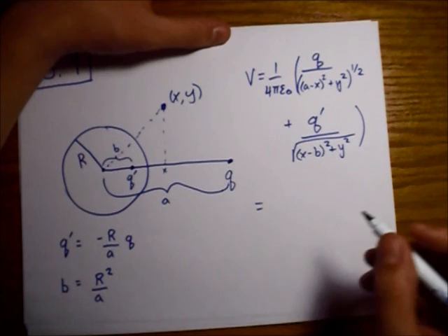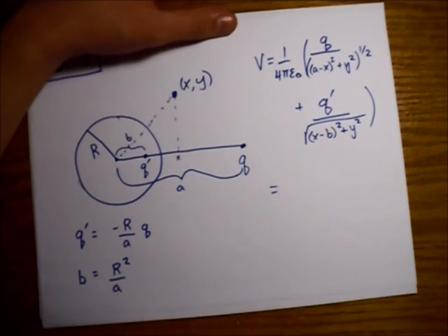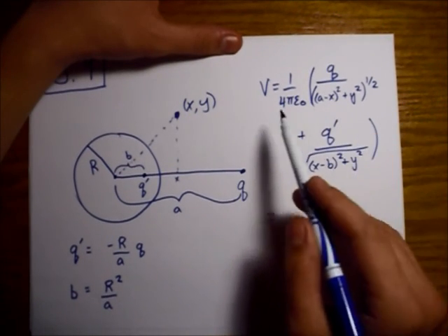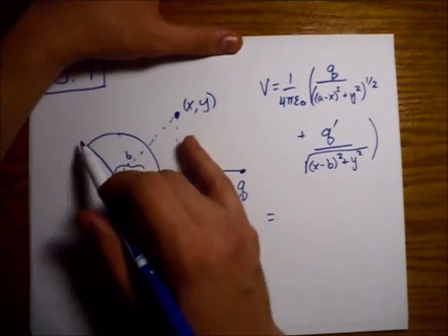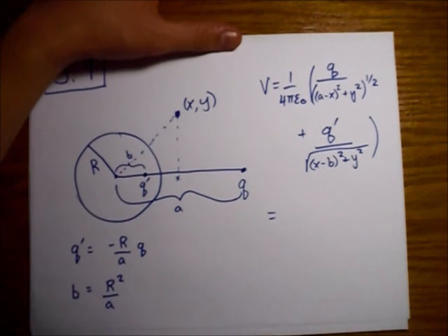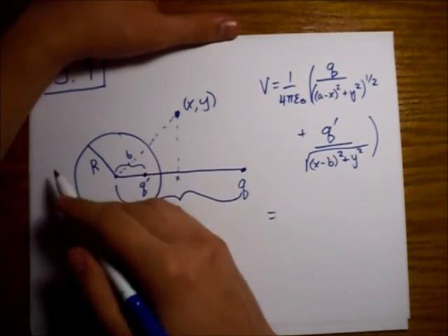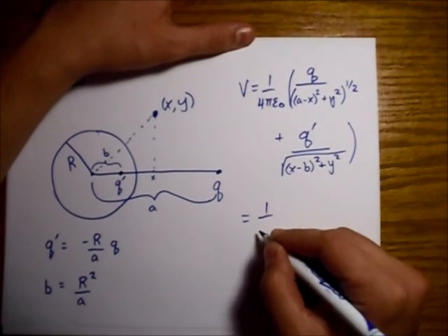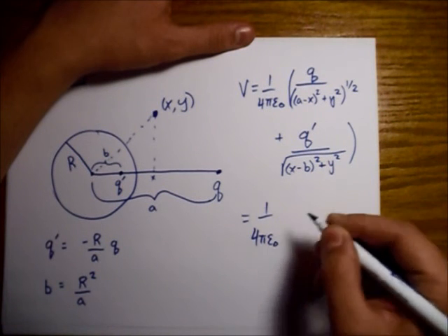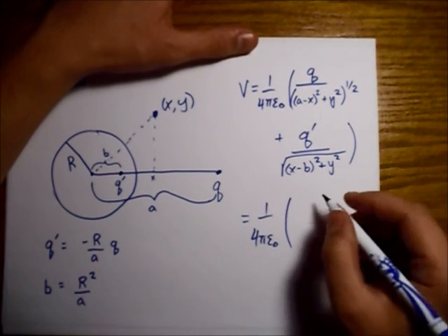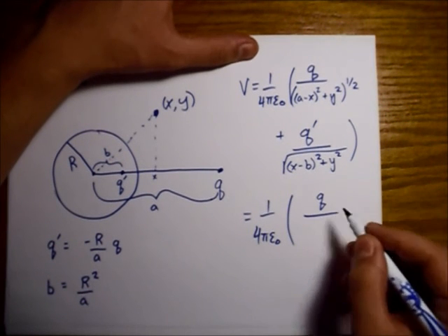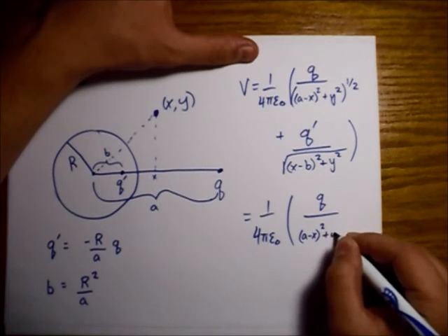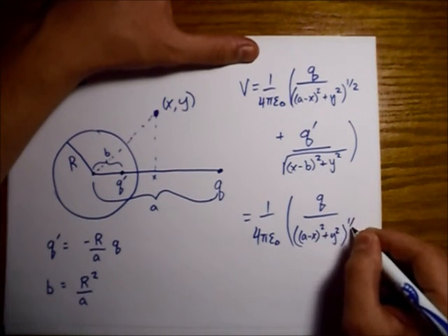All right. So now let's plug in these values here, and what we should get is 0 all the way around, because in example 3.2, this is a grounded sphere. So we have our 1/4 pi epsilon naught. Q, we have a minus x squared plus y squared to the 1/2.